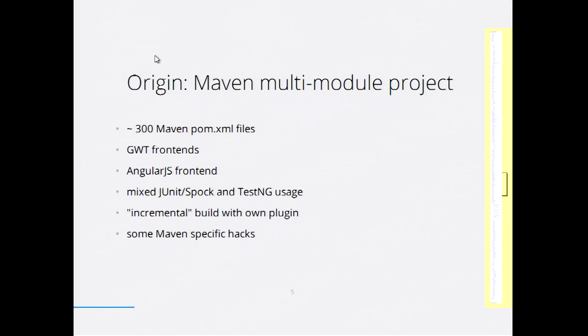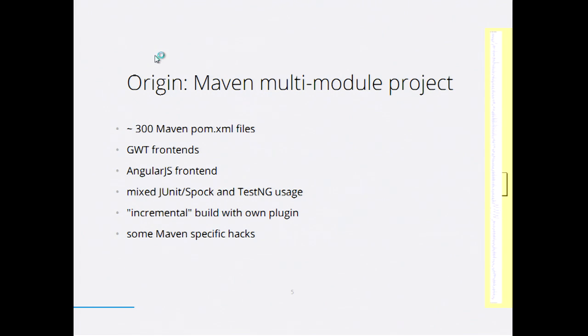We started with a multi-project Maven project, about 300 project files. It uses a GWT frontend. We have an AngularJS frontend. There's a mixed usage of TestNG and JUnit tests.